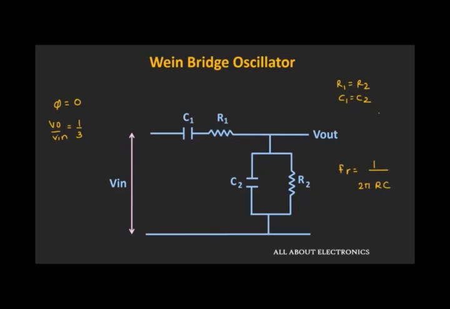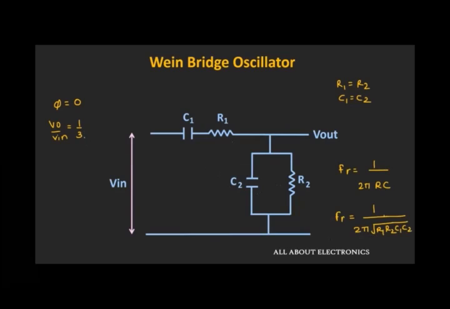And if this condition is not true, in that case, the resonant frequency FR can be given as 1 divided by 2 pi under root R1 R2 into C1 into C2. So this is the expression of a resonant frequency in a case when R1 R2 and C1 C2 are different.